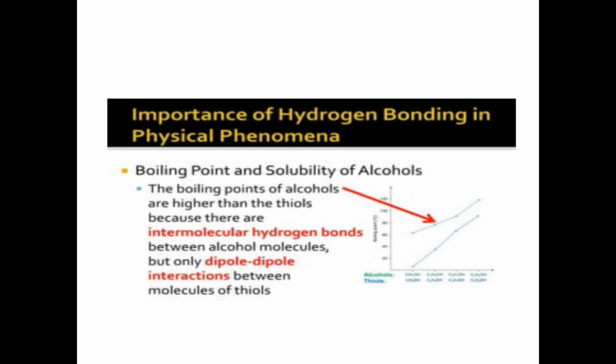This is because the intermolecular hydrogen bonds exist in alcohols, while in thiols, dipole-dipole interactions occur. And like we have said, in terms of strength, the intermolecular hydrogen bond is greater than that of a dipole-dipole interaction. So more energy will be required to break that intermolecular hydrogen bond. So that is the reason why the boiling point of alcohol is greater than that of thiols.